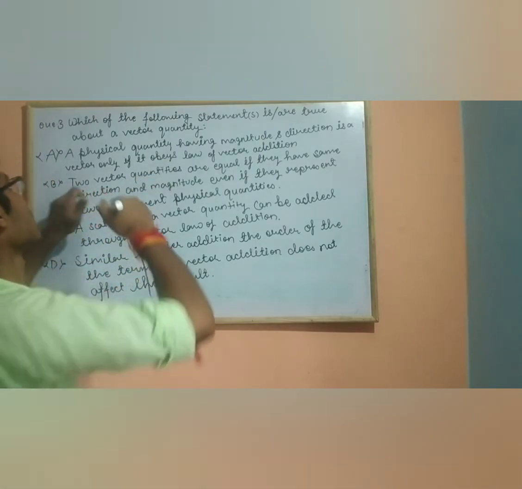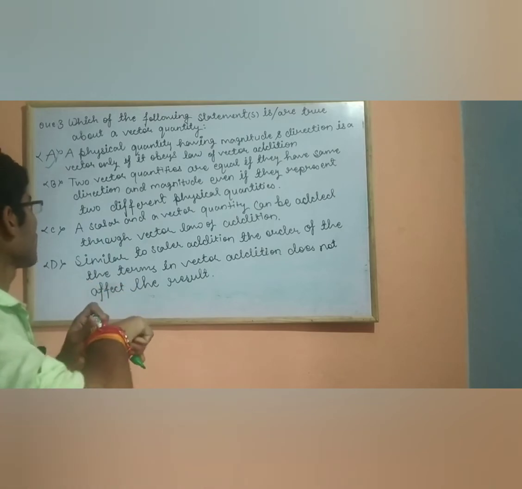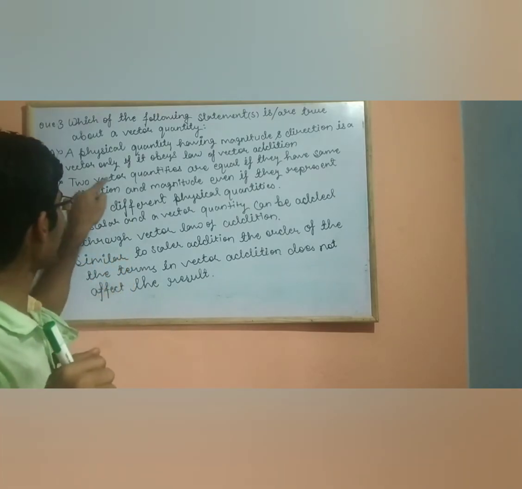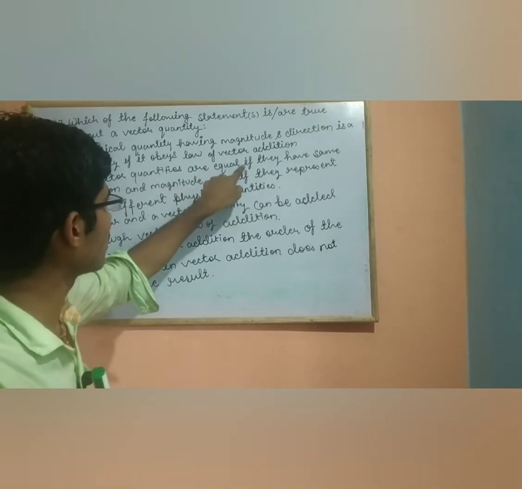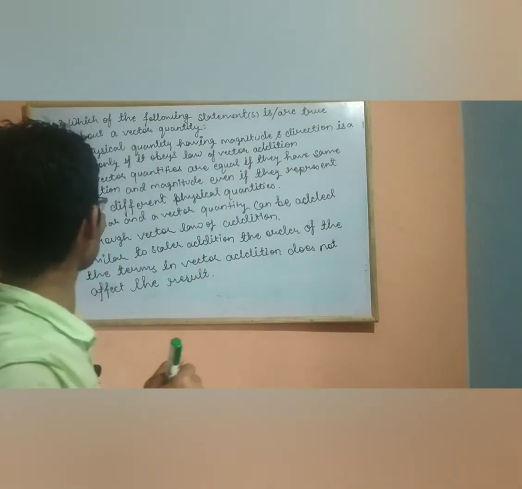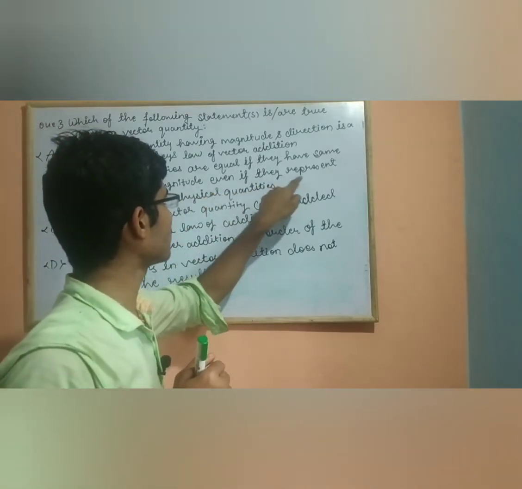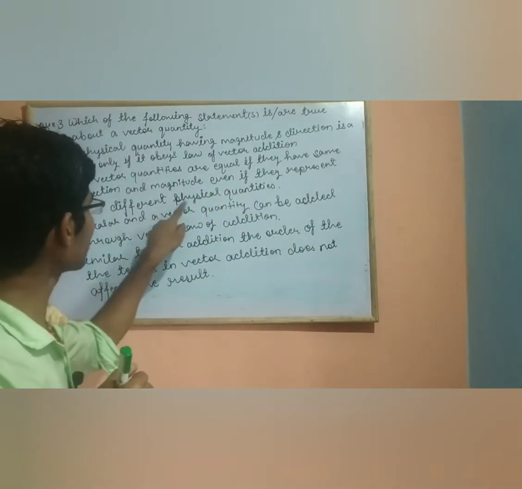So this is true. Then comes option B: two vector quantities are equal if they have the same direction and magnitude even if they represent two different physical quantities.